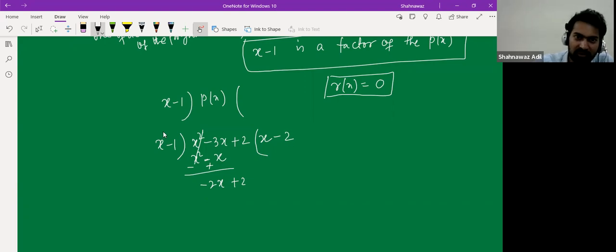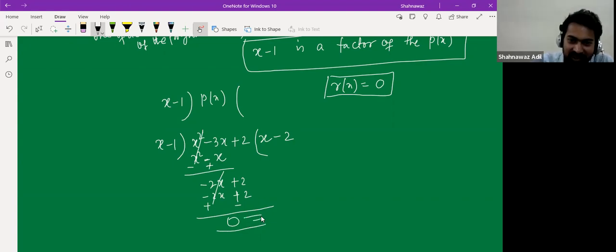So when we multiply it by minus 2, this will be minus 2x and this will be plus 2. When we change the sign, minus 2x plus 2x is 0, and 2 minus 2 is 0. So we have 0. The remainder is 0.